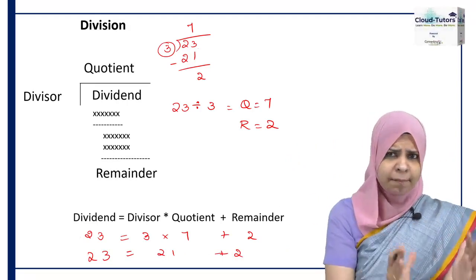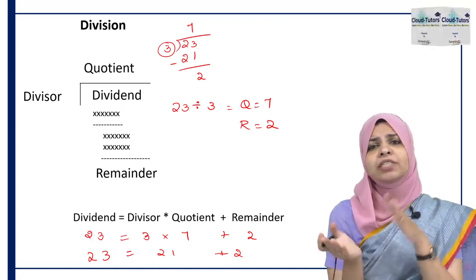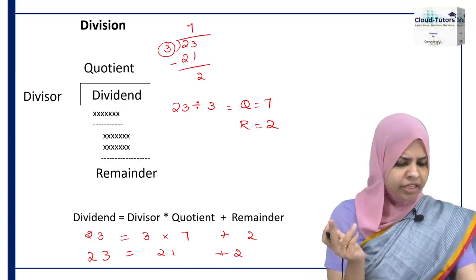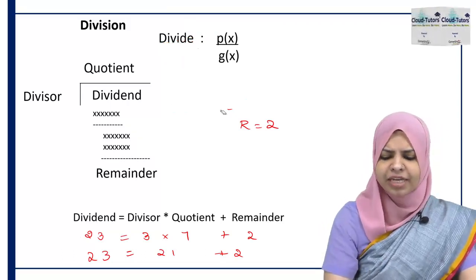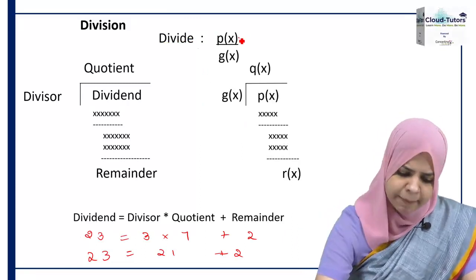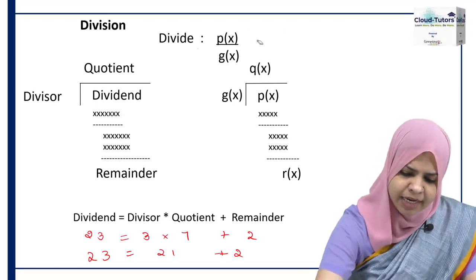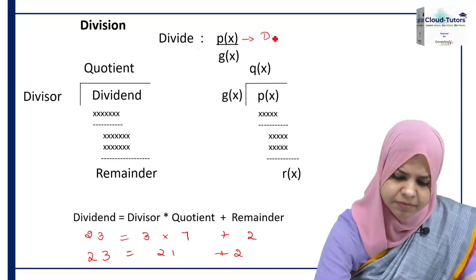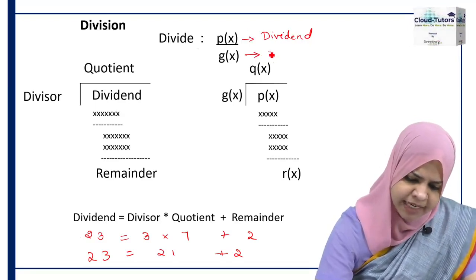Now let's apply this concept, the arithmetic division, to the algebra division, or should I say polynomial division. So if I say divide p of x by g of x. So now what is p of x? P of x is my dividend. And g of x is my divisor.